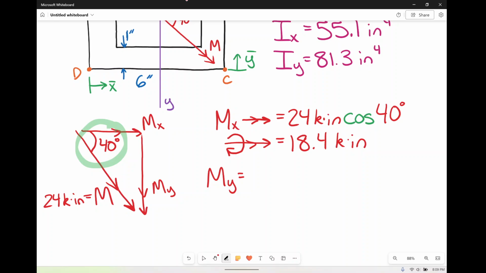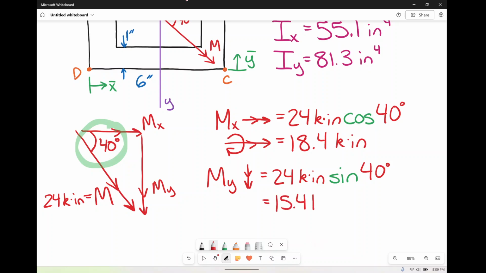Now we've got My. My, again, we're going to be going down, right? So down is the direction for My, and again, it's going to be our 24 kip inches for M, but this time we said sine of 40 degrees. And this time we get our moment to be 15.4 kip inches.